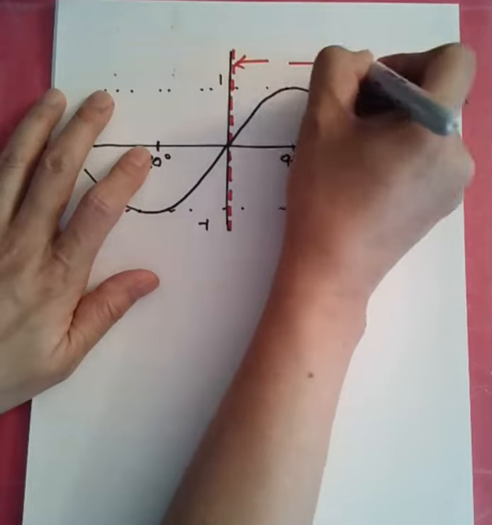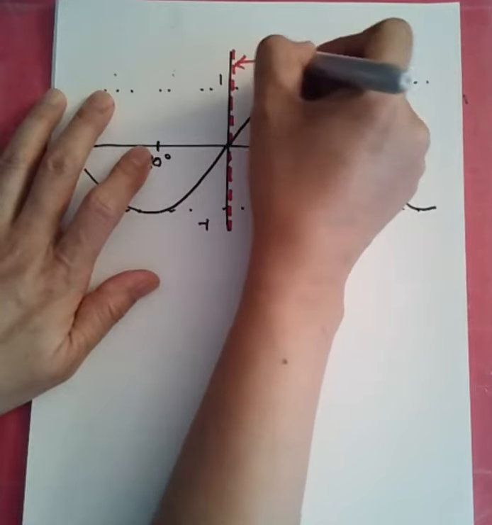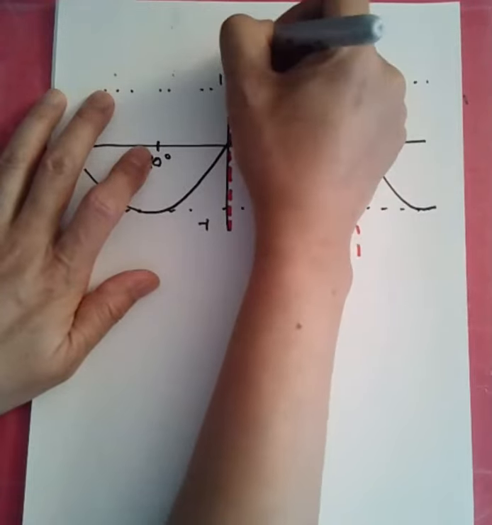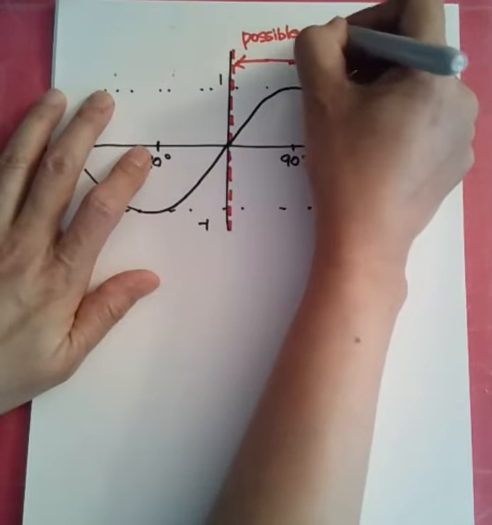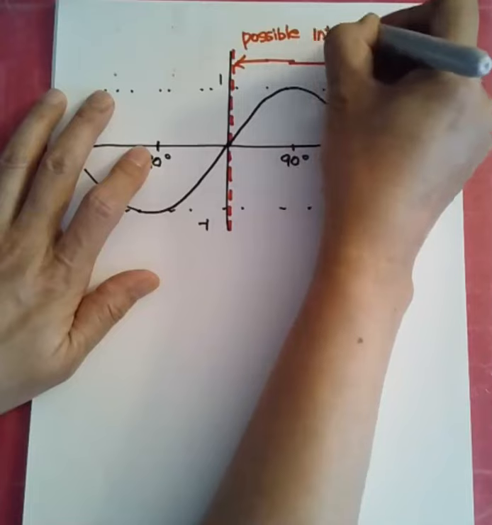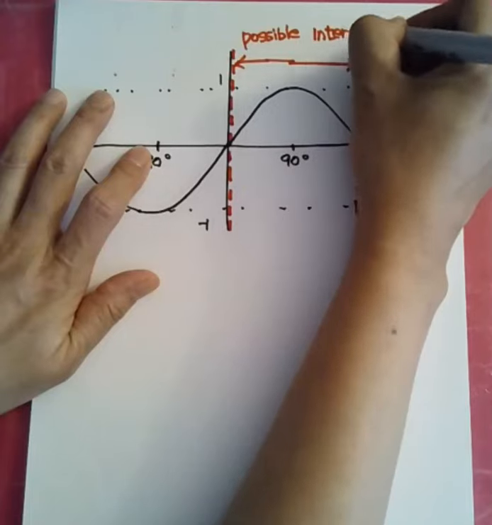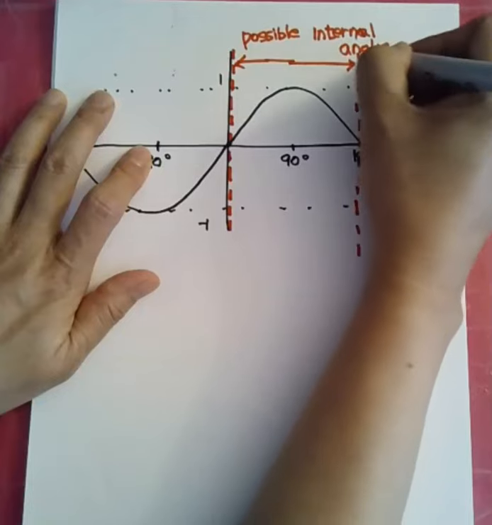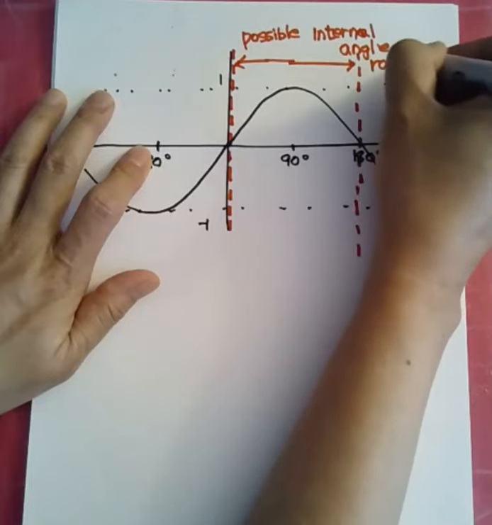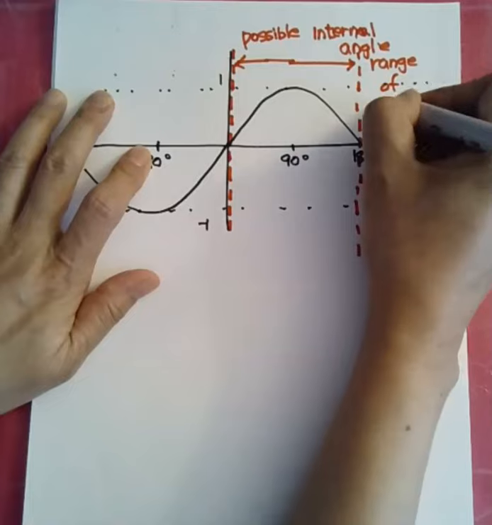Zero to 180 degrees is the possible internal angle range of a triangle.